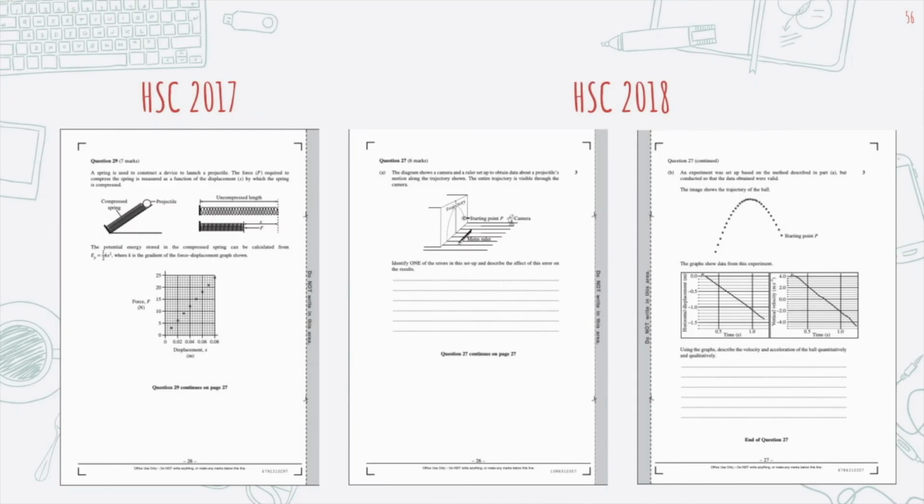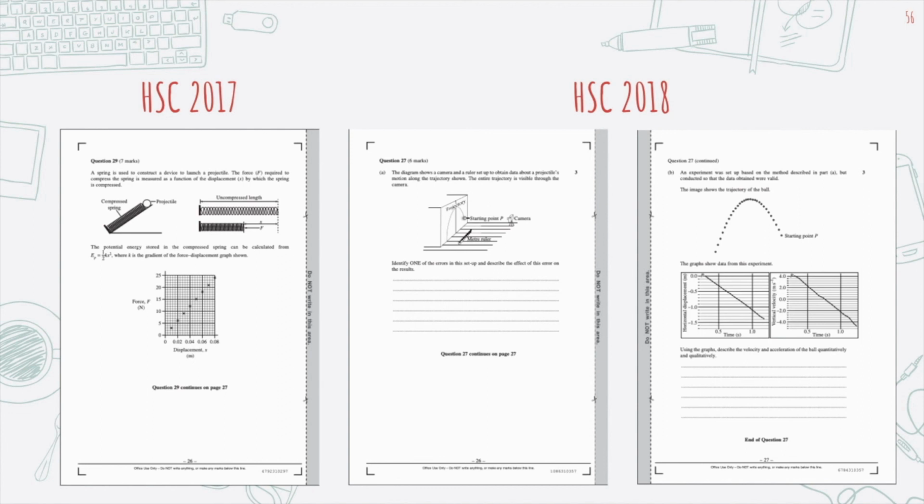If we have a look at the 2017 HSC, there was a projectile motion question there. However, this projectile motion question also required us to use a conservation of energy to solve the calculation in the first place.